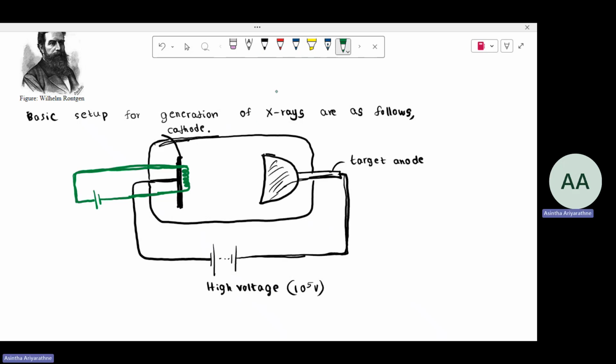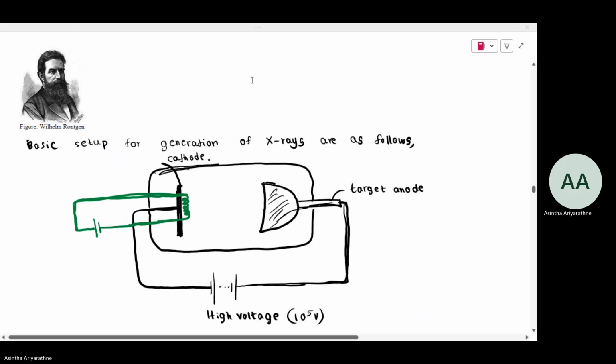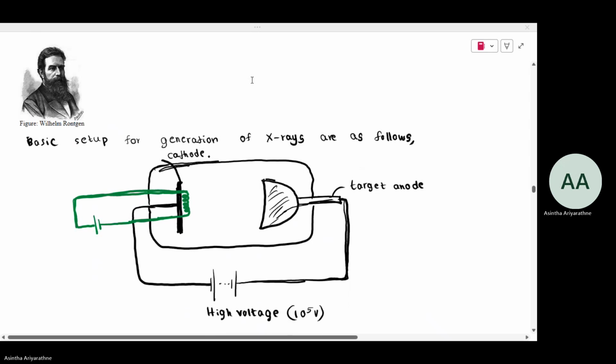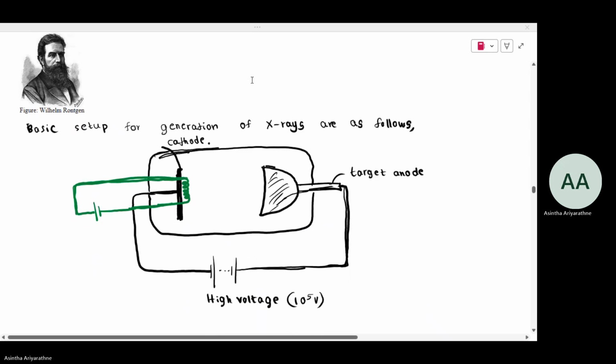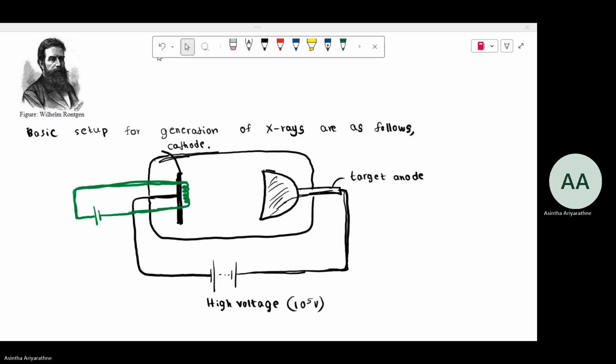It's a low voltage, just a filament, and here it is vacuum.